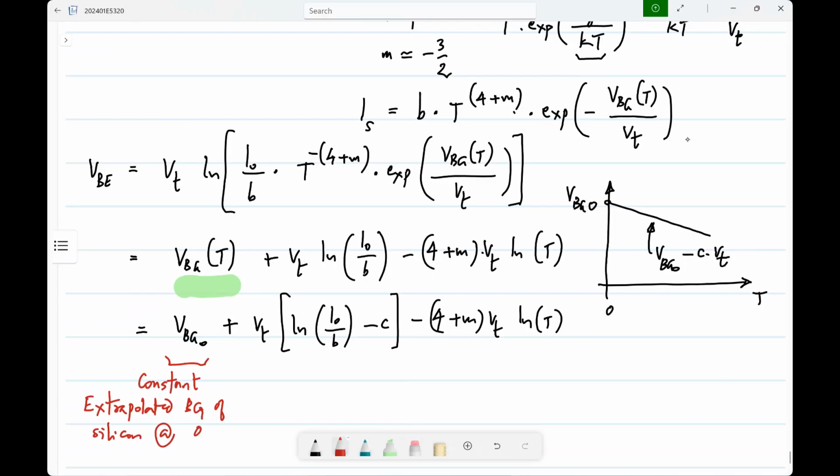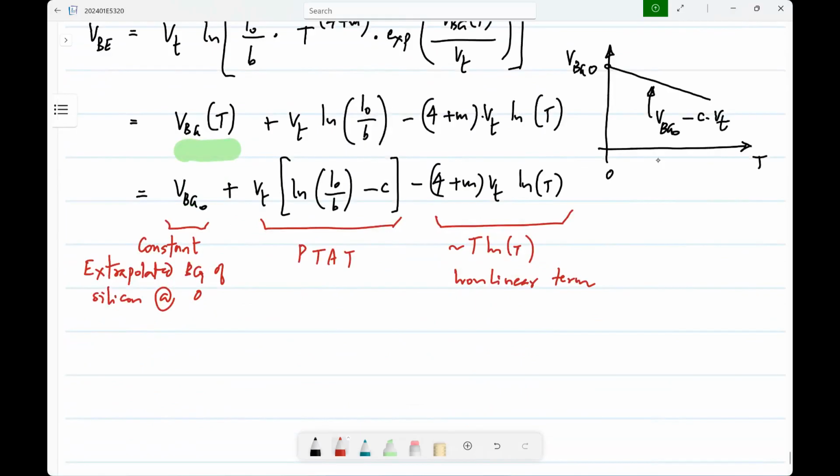And then this part is proportional to absolute temperature. It has a negative slope, but it's proportional to absolute temperature. And this is of the form T times log T. This is a non-linear term.